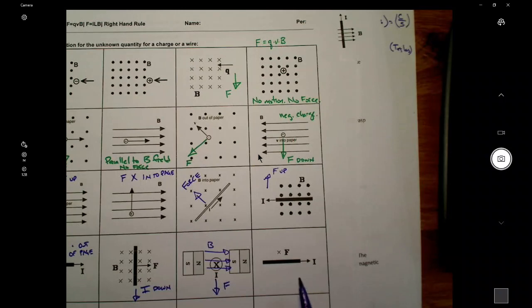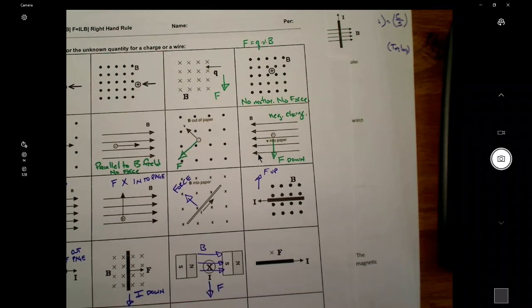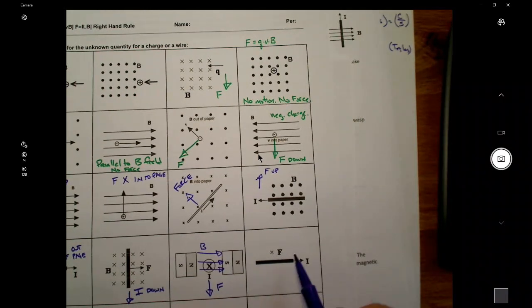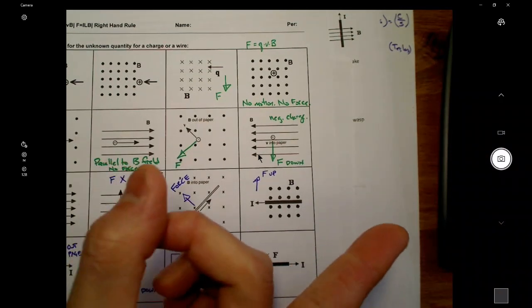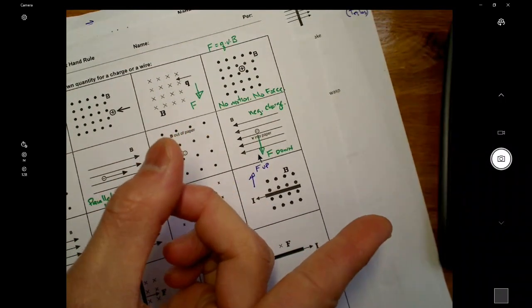We'll do this last one here. Here it says the force is an X, which means that it's going into the paper. And the current goes to the right. So I have the thumb and I have the current. I'm trying to figure out the magnetic field. So I have my index finger that's going to point to the right.